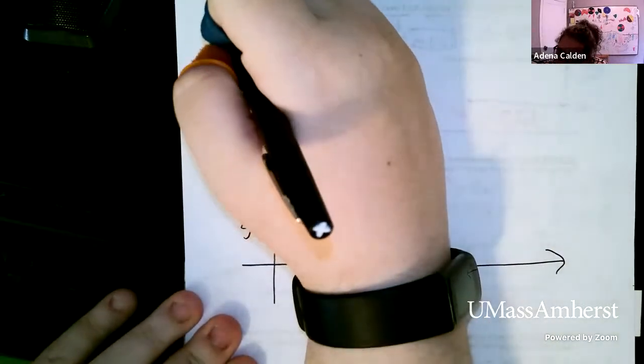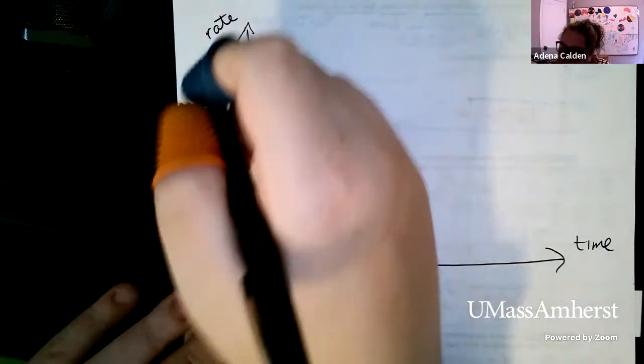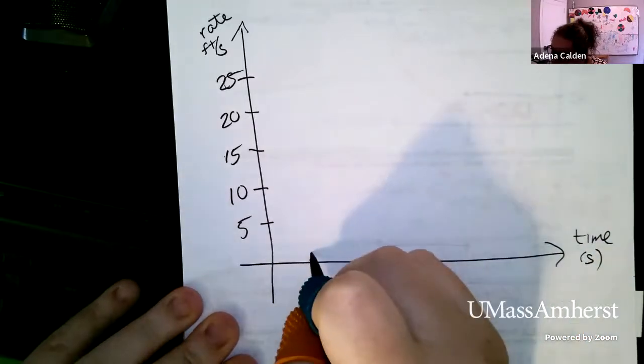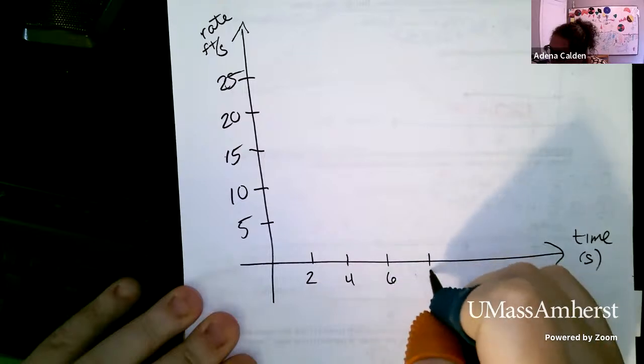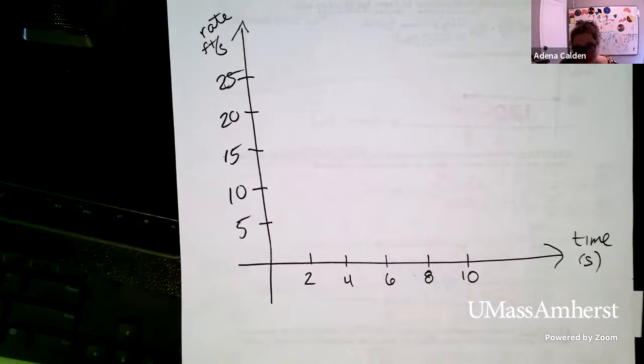So we're going to graph our rate versus our time. Our rate was in feet per second, and our time was in seconds, and we were counting by twos. Okay, so we have 2, 4, 6, 8, 10. So we're looking over this 10-second interval.